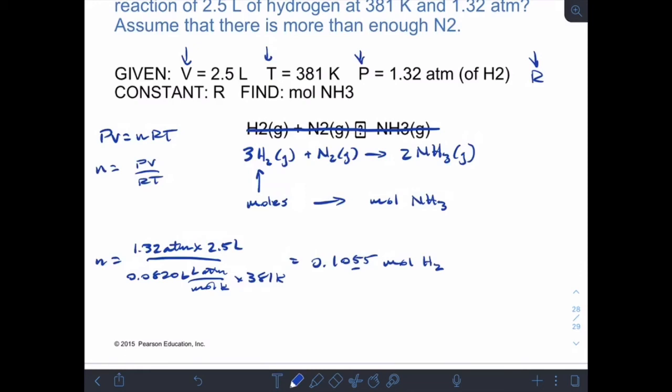Okay, so once I know moles of hydrogen, all I need is a mole ratio to get to moles of ammonia. That's the part of the stoichiometry that is the same. So moles of hydrogen gas, and it's a 1:3 ratio.